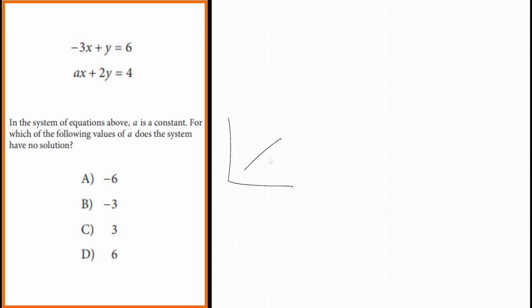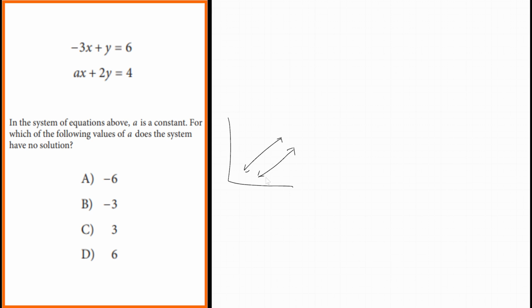Or the two lines could be the same line, in which case every point on the lines would be solutions to the system. There'd be infinitely many solutions. Or lastly, the two lines are parallel and never intersect, in which case there are no solutions to the system of equations.